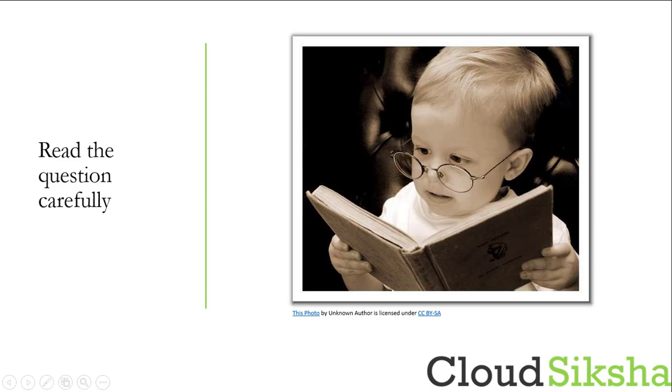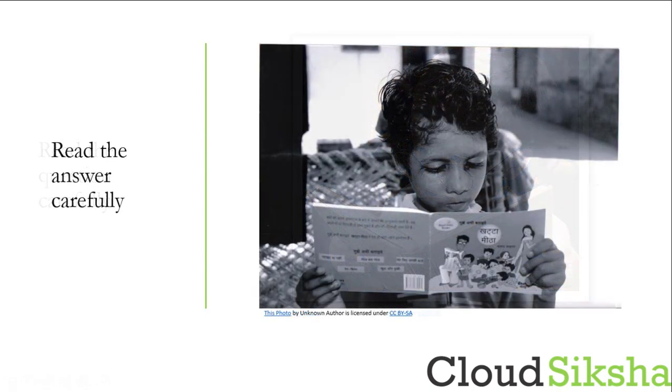The second thing, again, you may think this is very common sense. And again, here a lot of people make mistakes. The second thing is, read the answers carefully. Don't jump to conclusions. Don't think as soon as you read one answer that yes, this is the answer, and go tick that. It's better that even if you think that you're 100% correct about an answer, you read all the other answers.